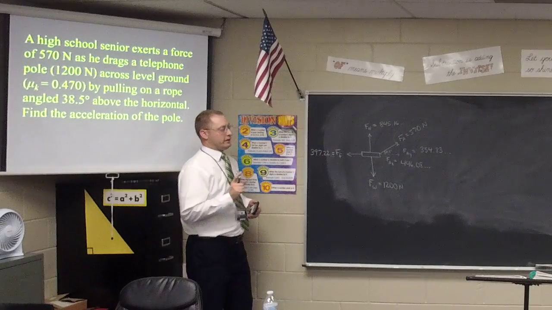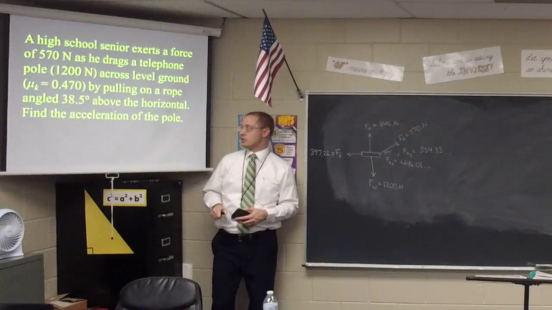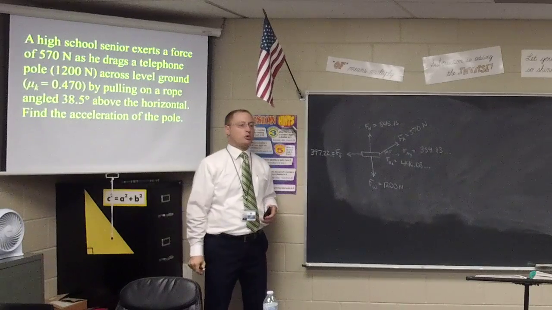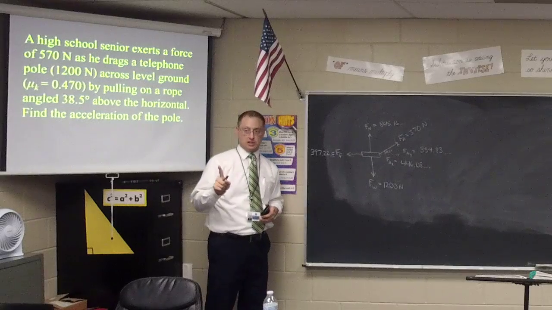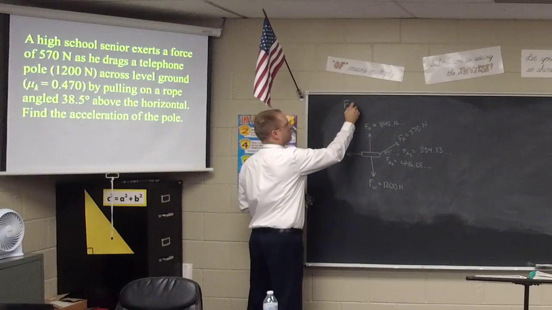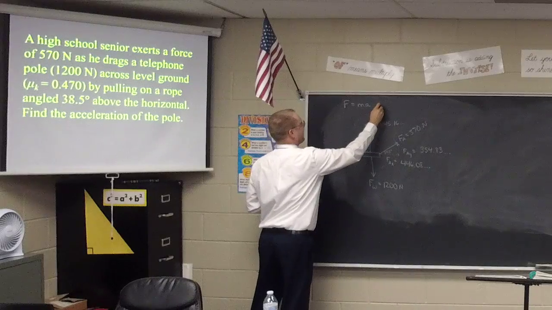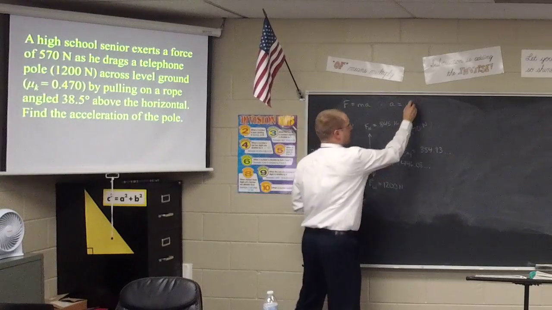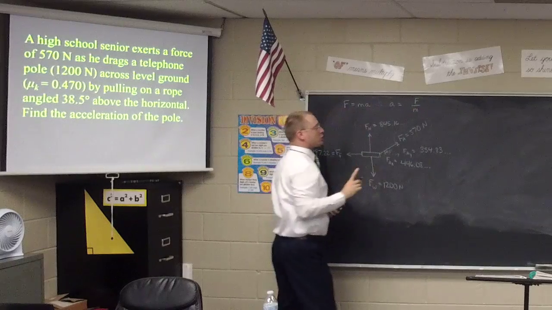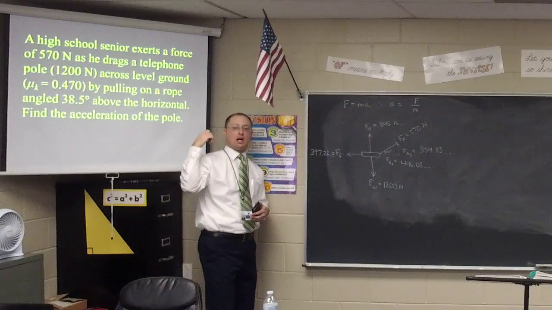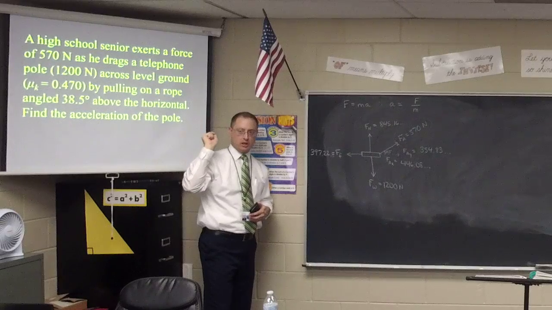All right. Now then, the ultimate question says, what is the acceleration of the pole? What is my equation that relates forces and acceleration, class? F equals ma. So if I want to find a, I need to divide F by m. But not actually the force that's applied, but rather, class, what's that key word?